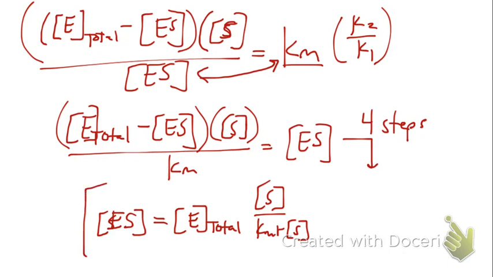Now, because we have yet to bring back kcat, and kcat is still important, we are going to multiply everything by kcat. So now we have this equation times kcat, and when we multiply it through, we get this equation.